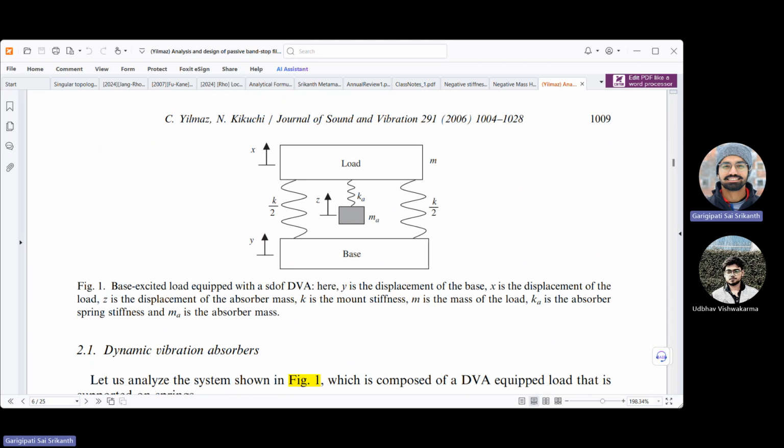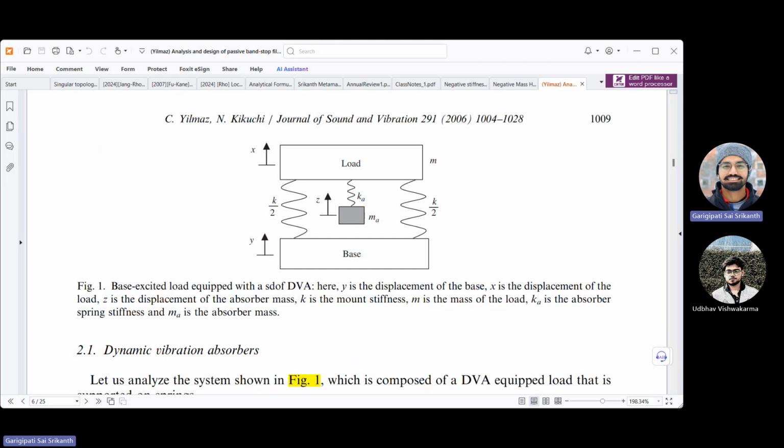Now let's say you consider a typical base excited structure, right? This is your base. I think here y and x are different from what we had taken, the base as x and the load as y. Here it's reverse.